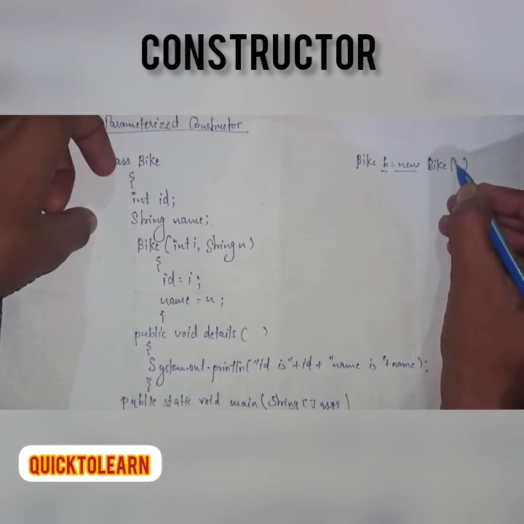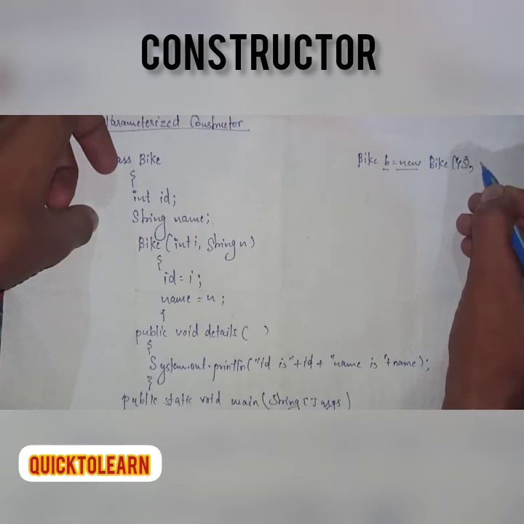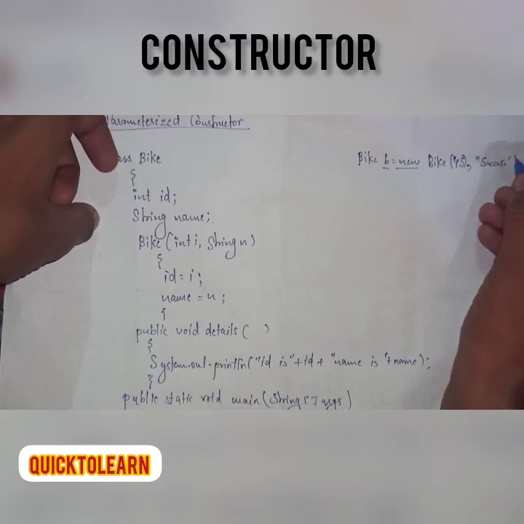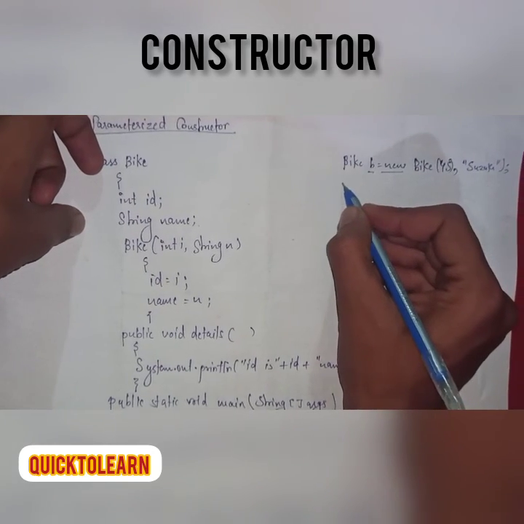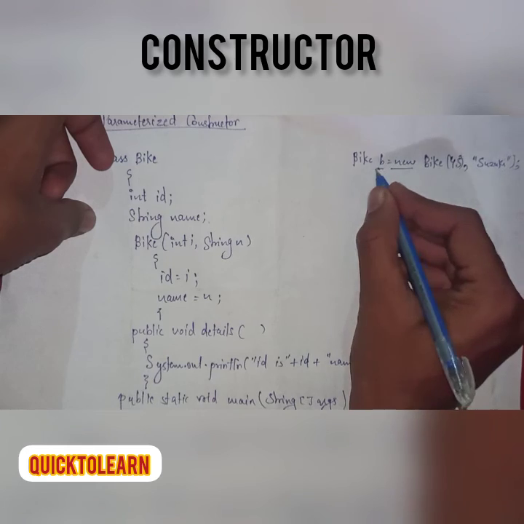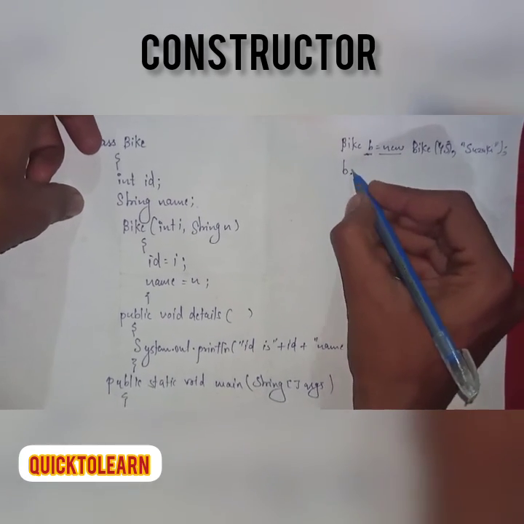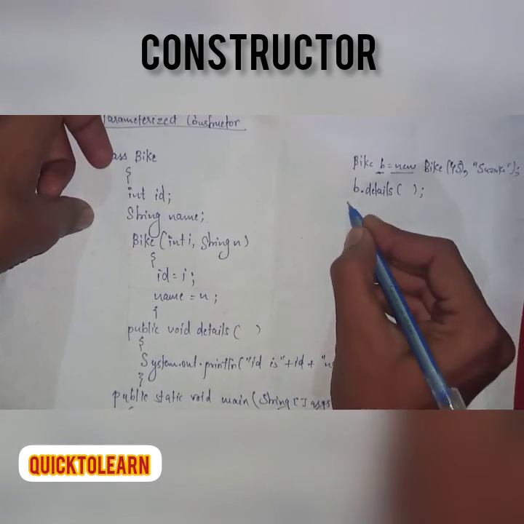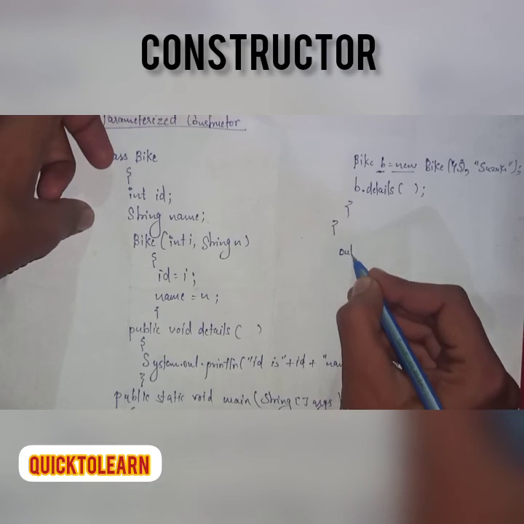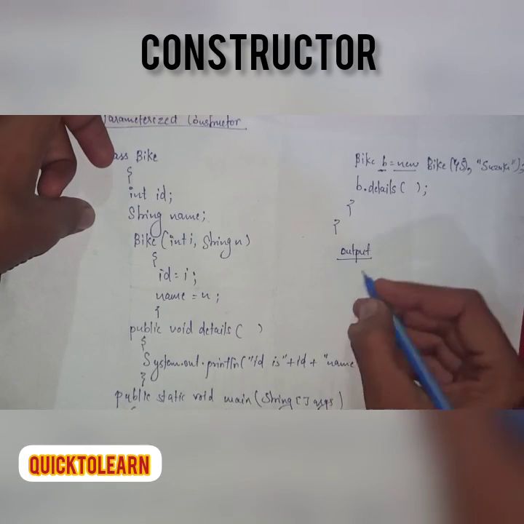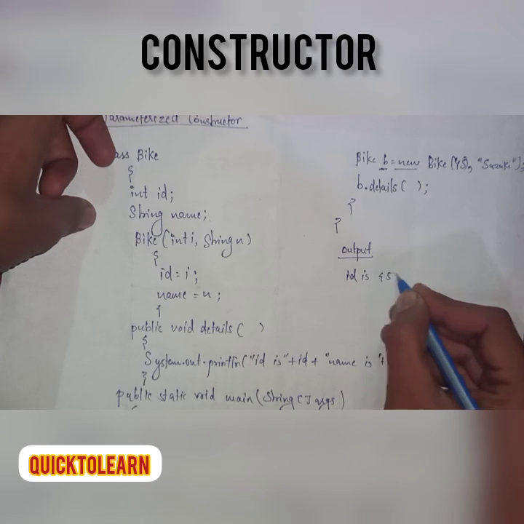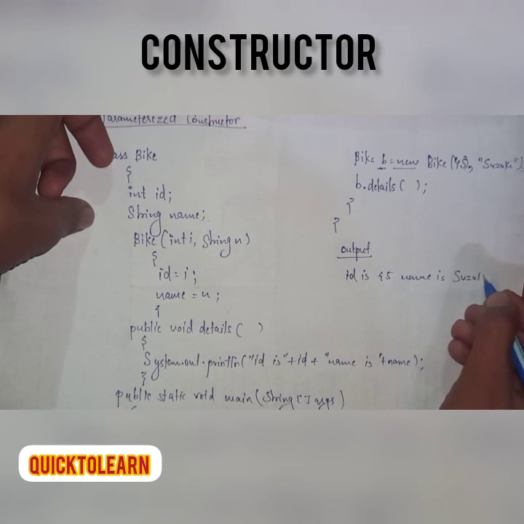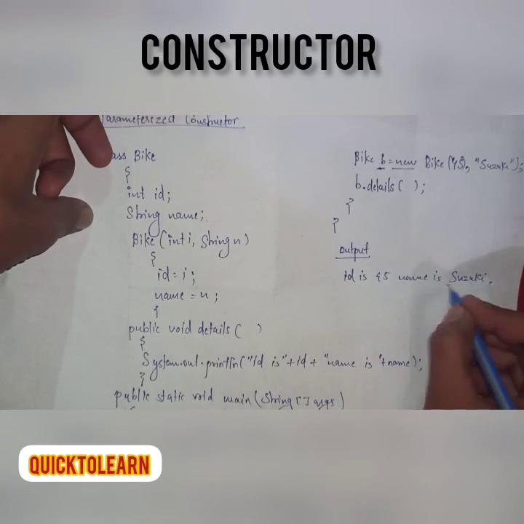So we pass 45 as id and Suzuki as name. Then using the object name b, we call the details method, and the output should be id is 45, name is Suzuki. Sorry, there is no bike named Suzuki, but we can take it as an example.